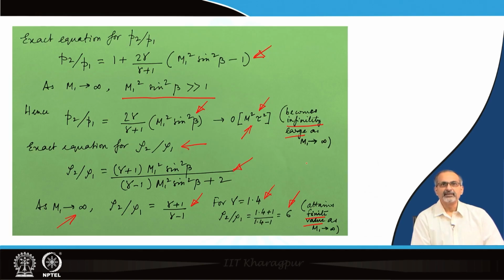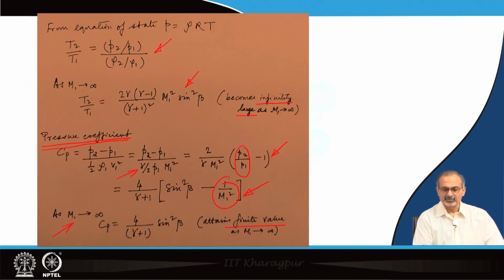So, interestingly, you are finding that some of the ratios become infinitely large, while some of the expressions become finite. For example, the pressure ratio became infinitely large, but when you substituted the same pressure ratio expression in the Cp equation, the Cp took up a finite value as M1 tends to infinity.